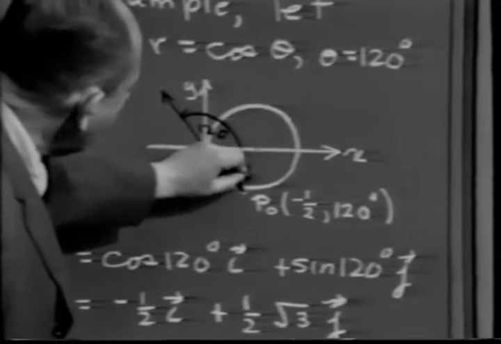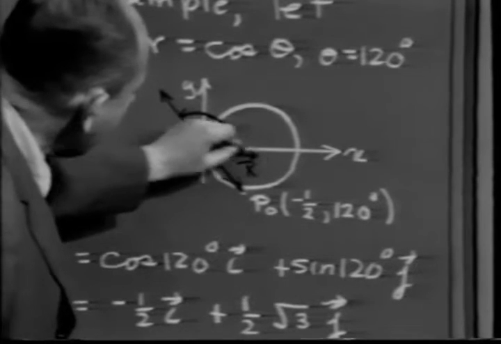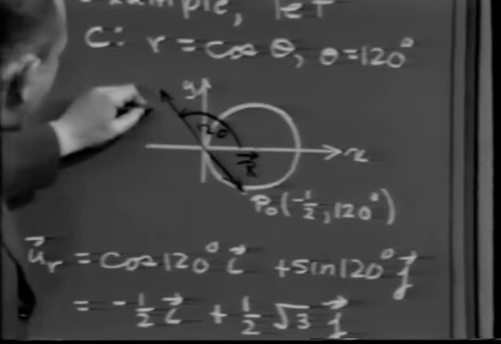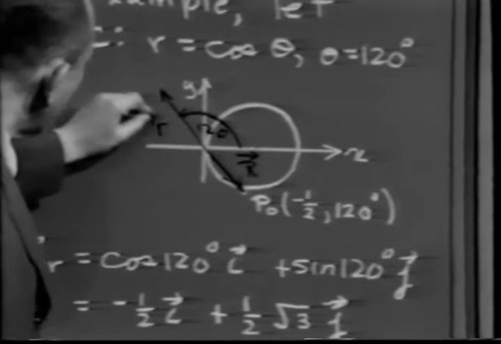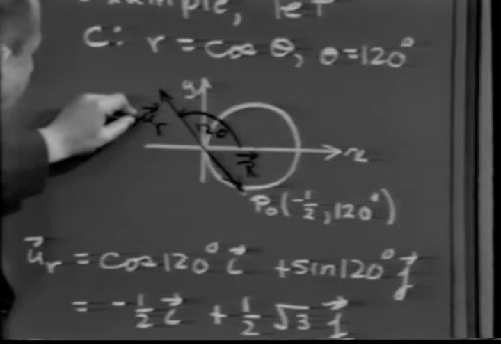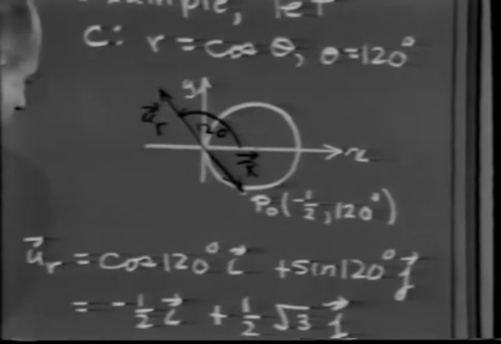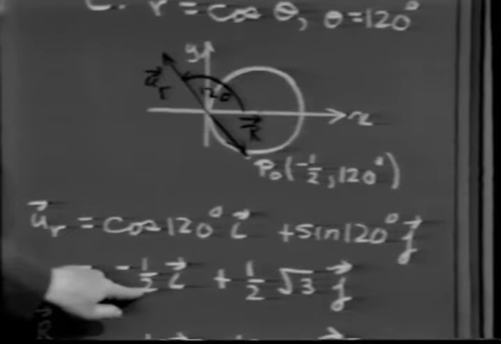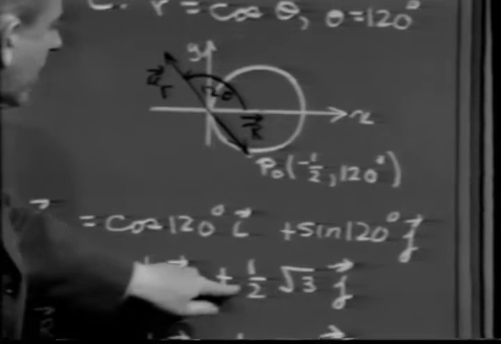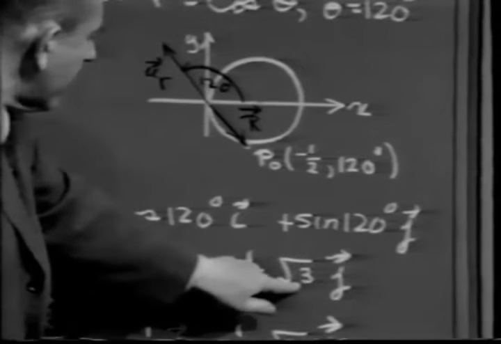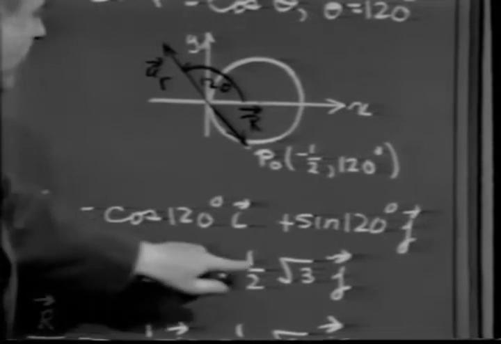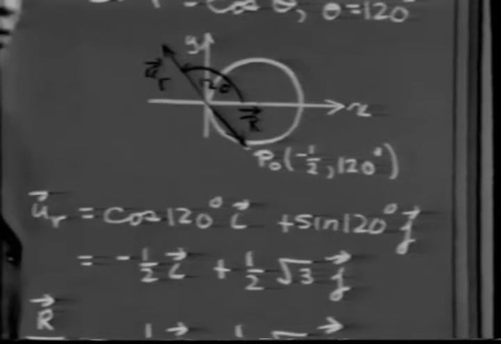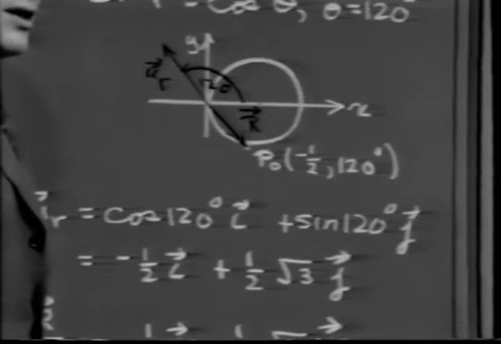In other words, according to our previous definition, it's this vector which would be called r. But our definition says that it's this vector which is u sub r. And in fact, if you just check the figures that we've obtained over here, notice that u sub r has its i component equal to minus a half, its j component being plus 1/2 the square root of 3. Therefore, x is negative, y is positive. But if x is negative and y is positive, you're in the second quadrant, not the fourth quadrant.